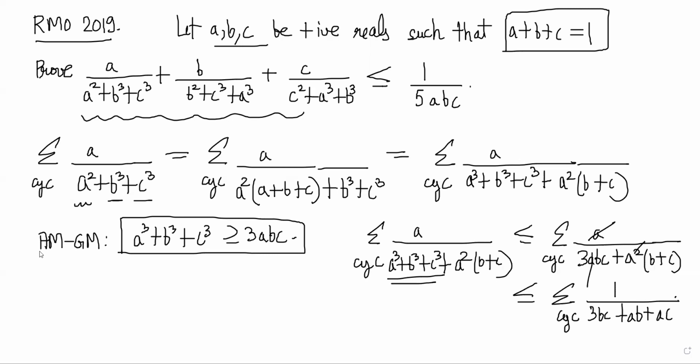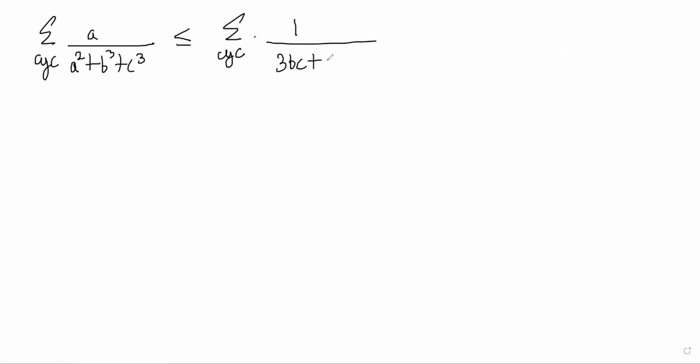So far, what we have done is our initial cyclic inequality A by A square plus B cube plus C cube. We have shown that it is less than or equal to the cyclic sum of 1 by 3BC plus AB plus AC, right?